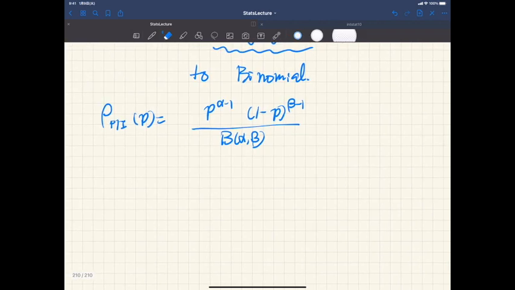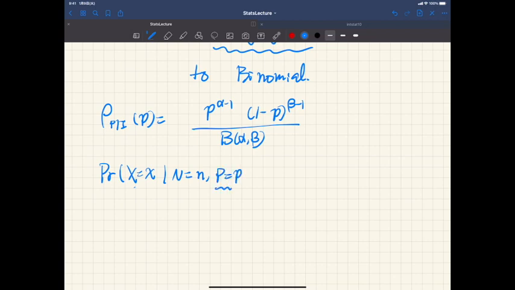Then we had the likelihood, so the probability of the data given the hypothesis and other information. That was the binomial distribution in this case.